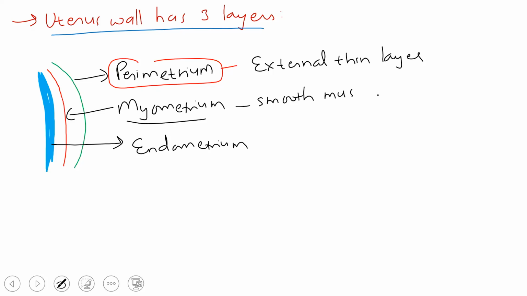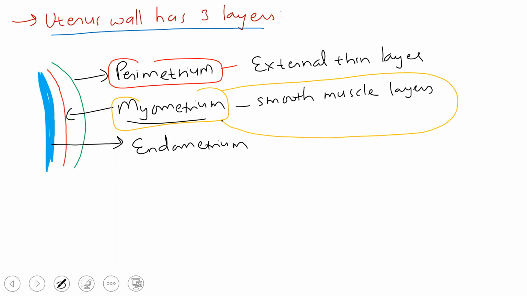During childbirth, the baby will come out through contraction of the muscles in this layer. It shows severe contraction, which leads to labor pain. As you know, during natural delivery there is severe labor pain to the lady. That is because of the myometrium.